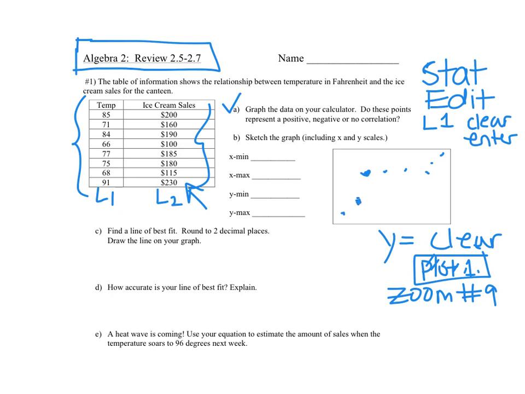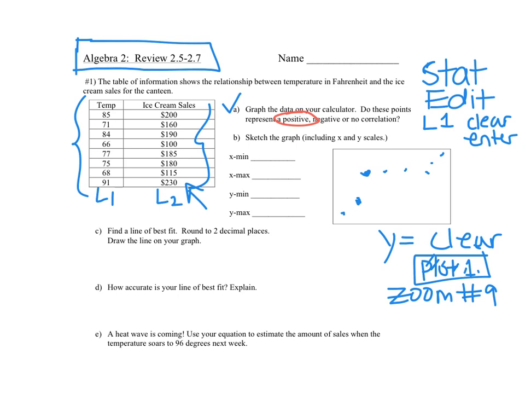All right, so then I ask you, do these points represent a positive, negative, or no correlation? Well, they are going in an upward manner, and so that would be a positive correlation. So sketch the graph I did, include the X and Y scales.